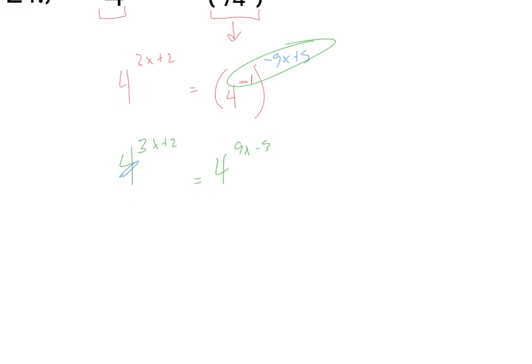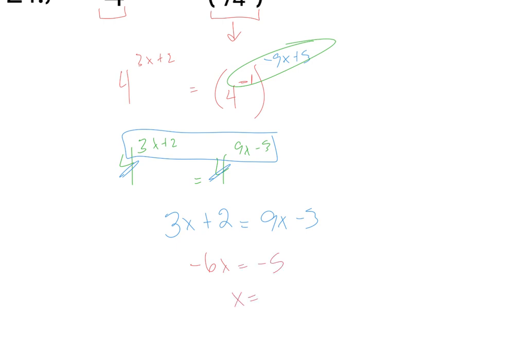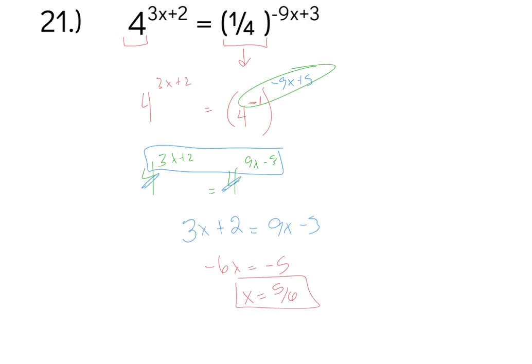We're essentially going to ignore the bases because the exponents are the same. So we get 3x plus 2 equals 9x minus 3. Gonna subtract 9x, because why not? Gonna subtract 2 to get negative 5. And x is 5 over 6.